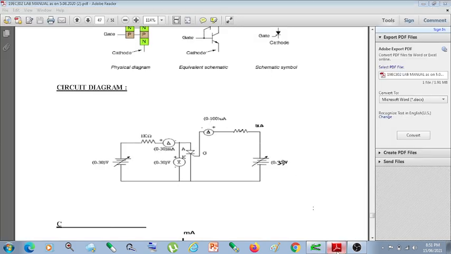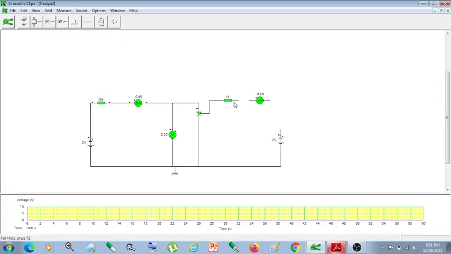The gate goes to the ammeter, so the ammeter needs to come here, and the resistance needs to go here. So the gate needs to connect to the ammeter.